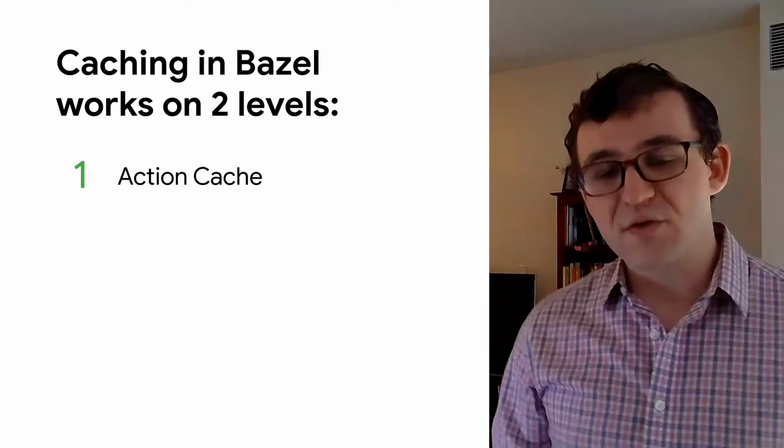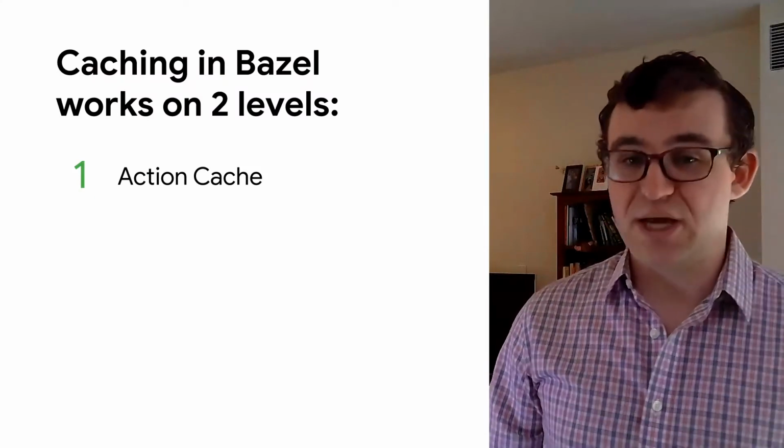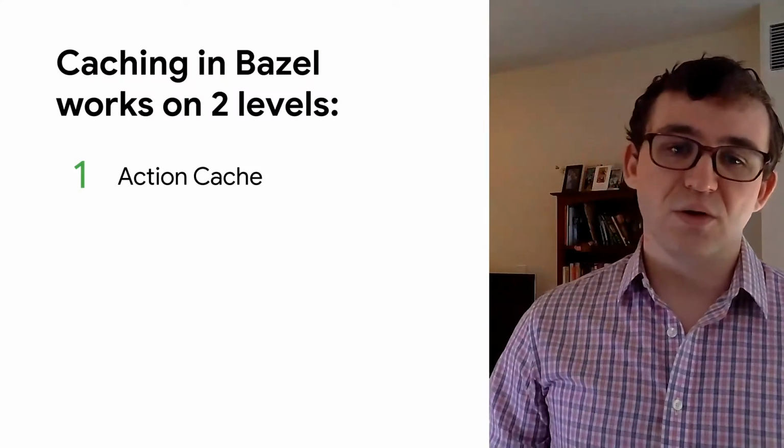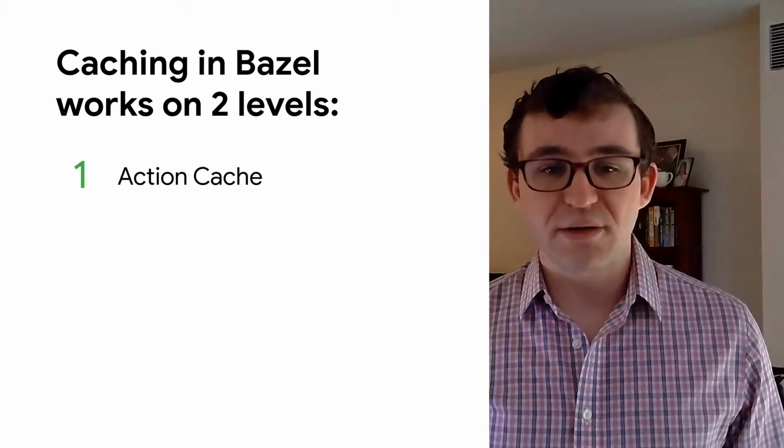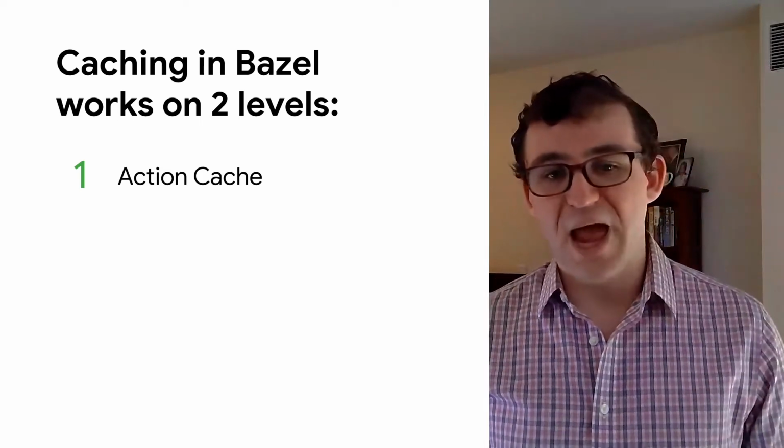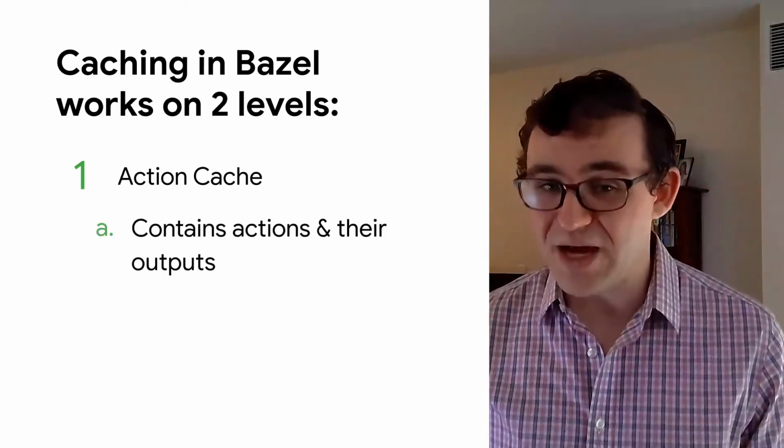Now, caching in Bazel works on two levels, and I hope you'll forgive this quick digression as to how caching works. And this explanation holds for both a remote and a local cache. So the first level is the action cache. Bazel will look at each action it would want to run and compute its hash. This hash contains the definition of the action.